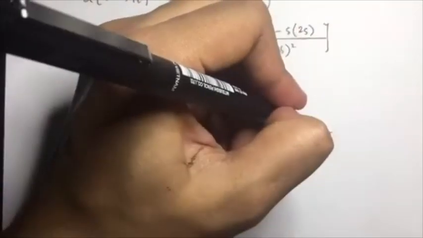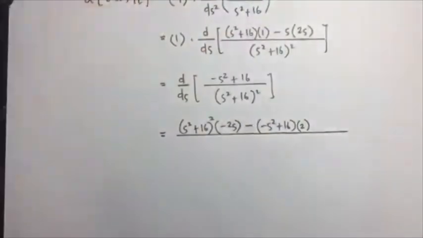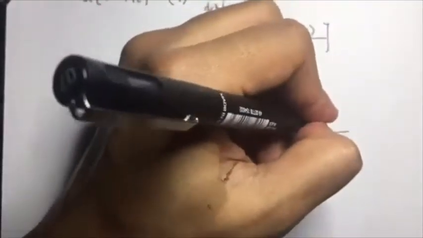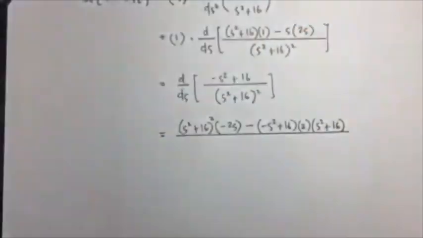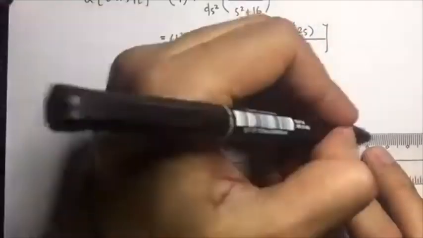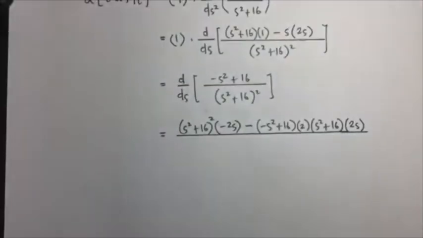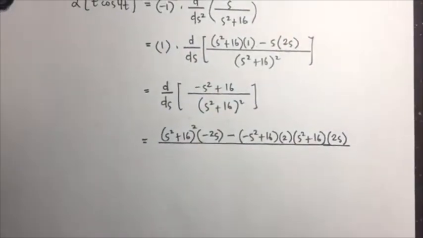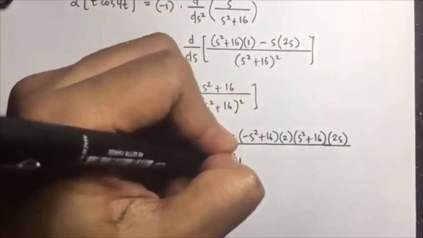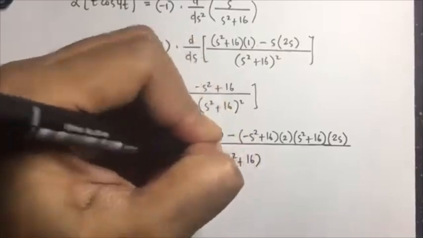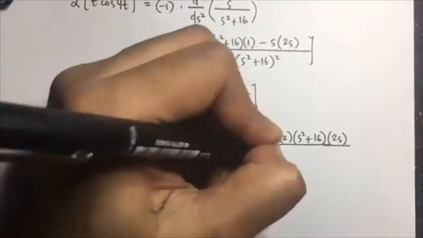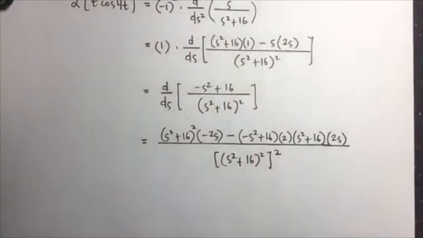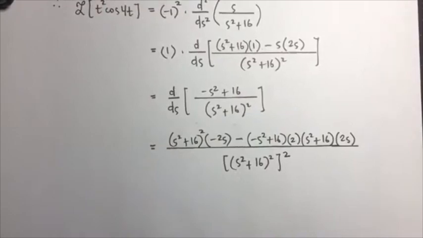Using the power formula, we have 2 times s squared plus 16 multiplied by the derivative of the expression inside the parenthesis, which is 2s, over s squared plus 16 squared, squared again.